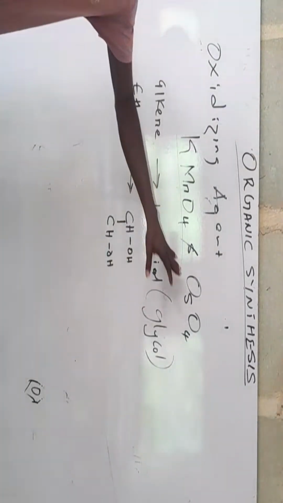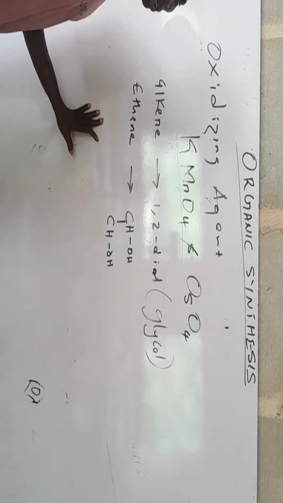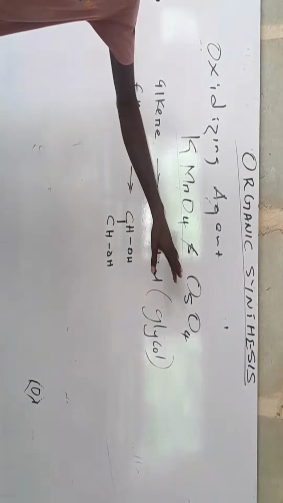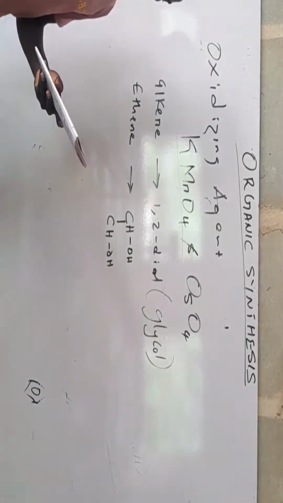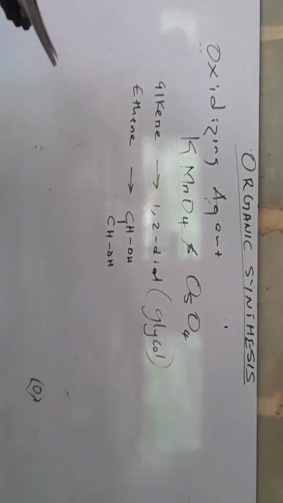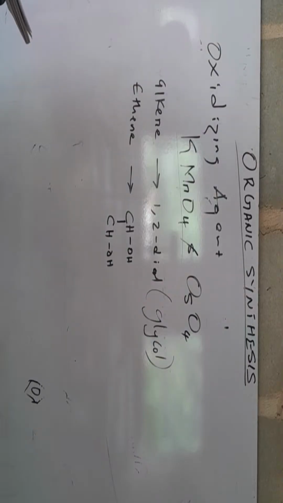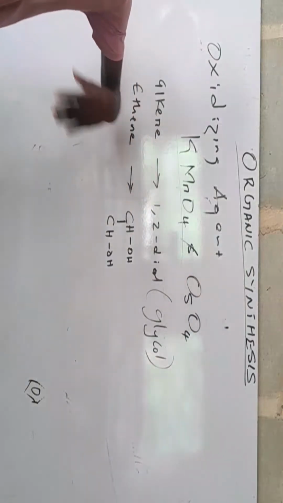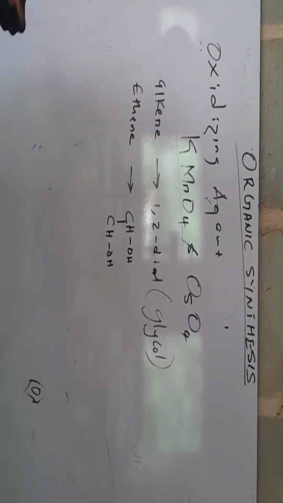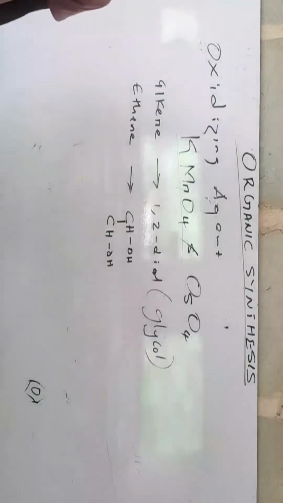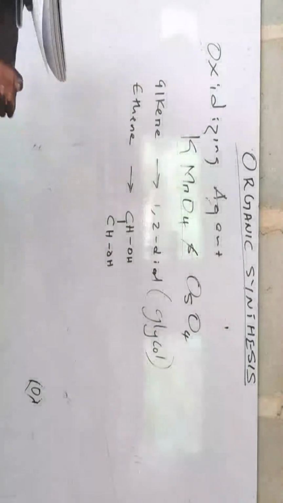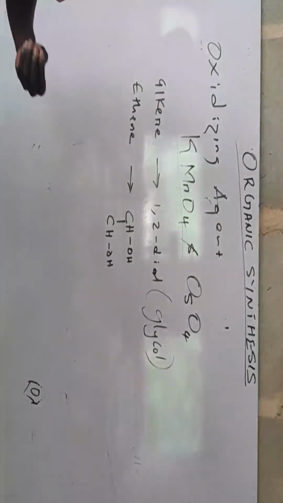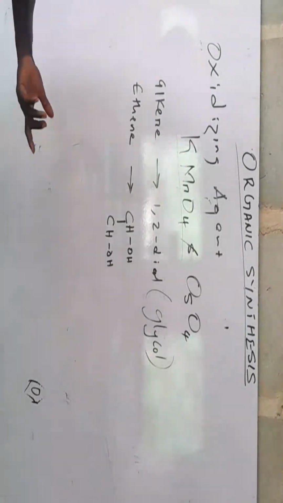But when you make use of OsO4, that does not produce ester. However, OsO4 is a what? It is a toxic oxidizing agent. It can cause blindness and is expensive. So the disadvantages of OsO4 are that it can lead to blindness and it is expensive. So KMnO4 is cheaper and safer to use, though it gives much lower yields.